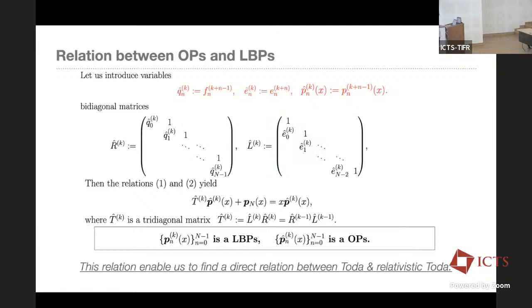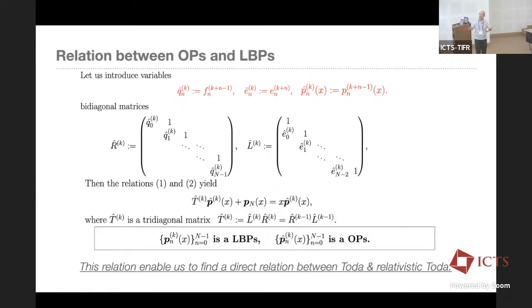I maybe miss some part, but as a final, I have only 2 minutes. After some computation, by introducing this type of transformation, the upper index K means some time evolution.